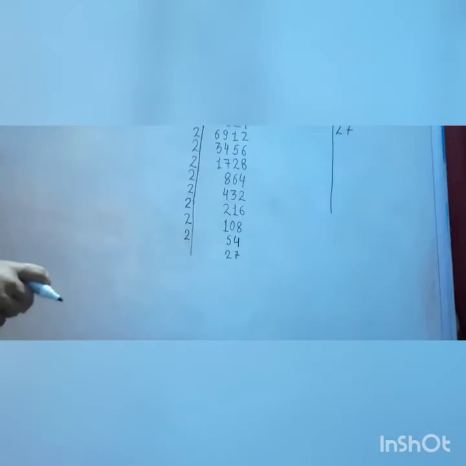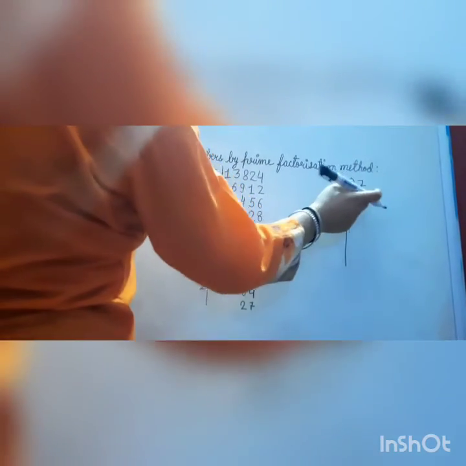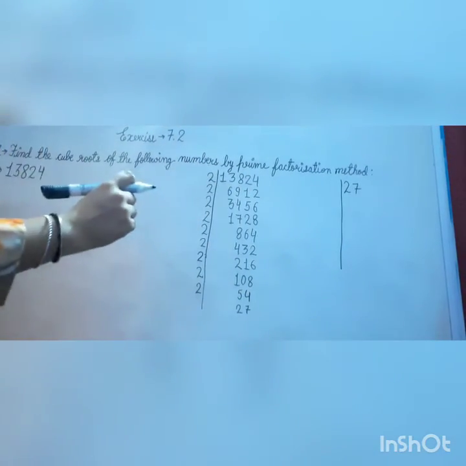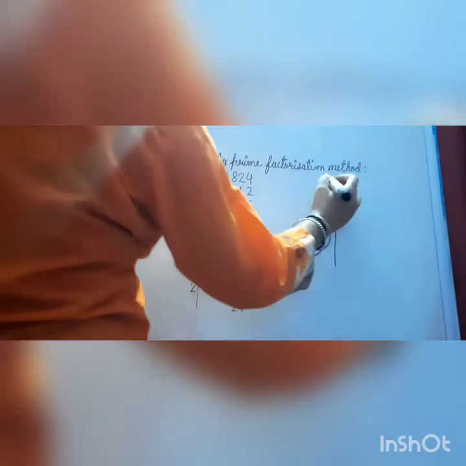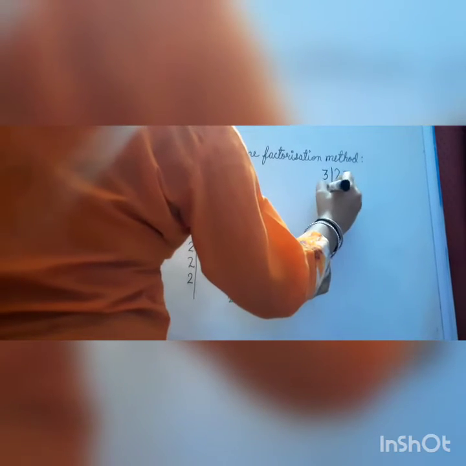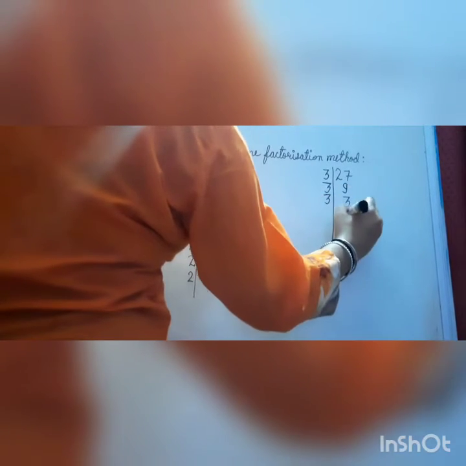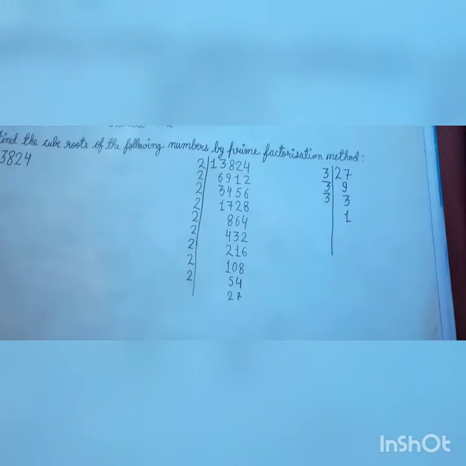Now you can see that this number is an odd number, so you cannot divide it by 2. You can add these two numbers. 7 plus 2 is equal to 9. It means that it can be divided by 3. 3 nines are 27. 3 threes are 9. 3 ones are 3. Okay class.